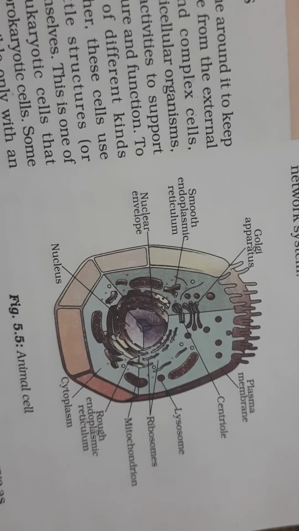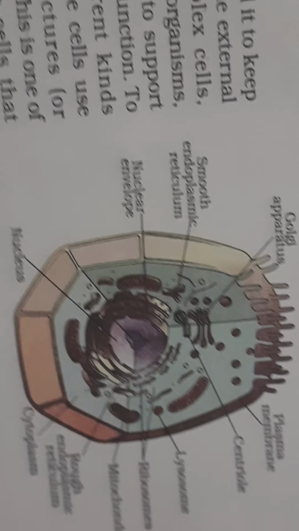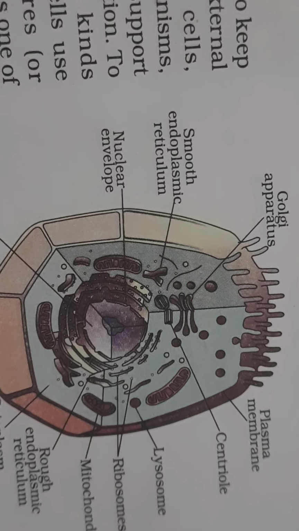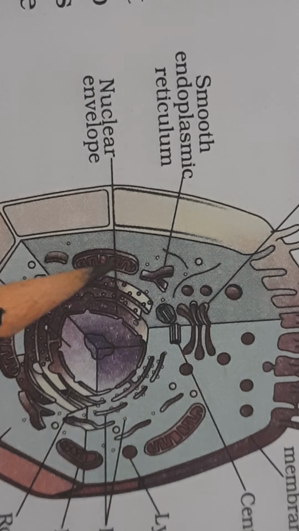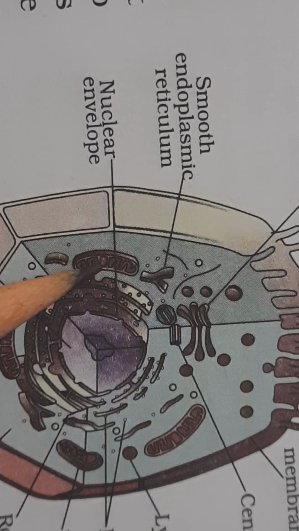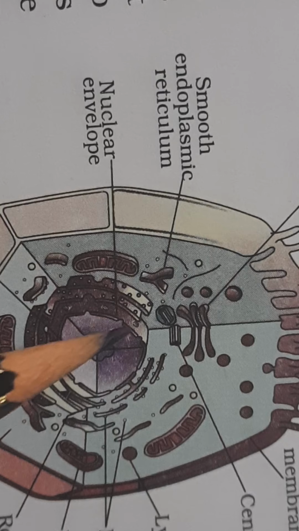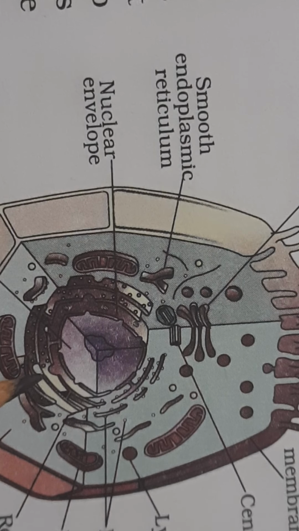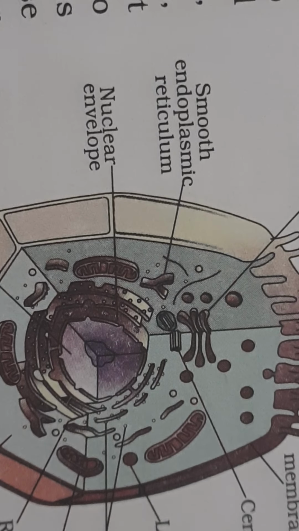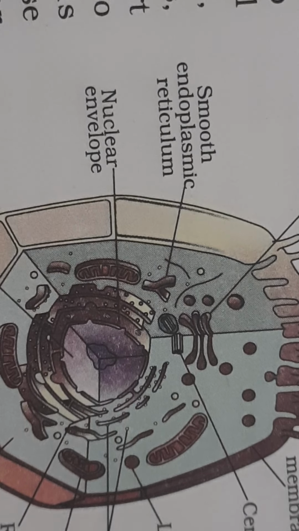If you look at this figure, this is an animal cell. You will see that all of these are enclosed in a membrane. This is an endoplasmic reticulum, it has a double membrane. This is a nucleus, the nucleus also has a double membrane. So in a eukaryotic cell all the organelles are membrane bound organelles.